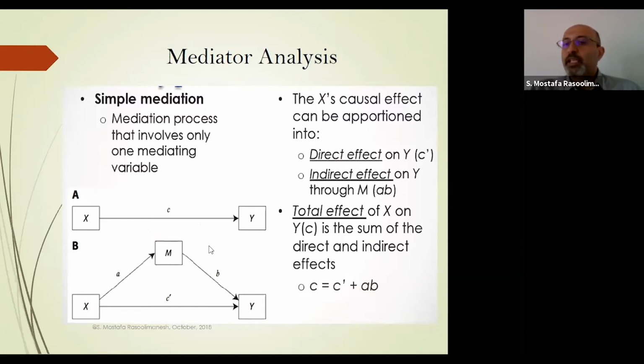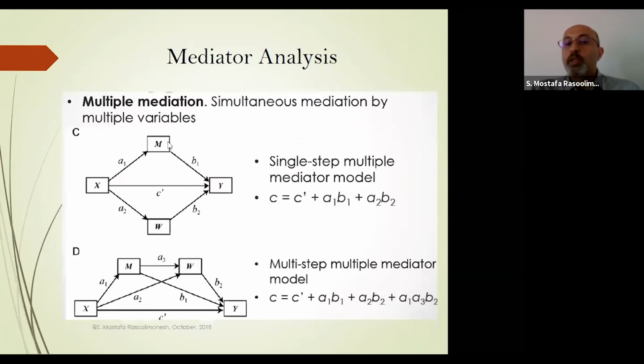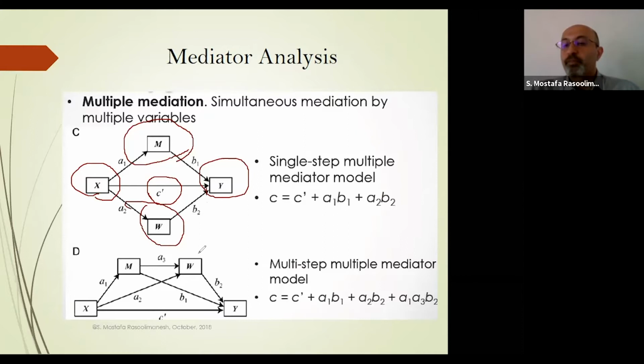This is a simple mediator, when we have only one mediator. Sometimes we have more than one mediator, so we have multiple mediation. For example, here we have two mediators, M and W. So the effect of X to Y is transferred through C prime, A1, B1 through M, A2, B2 through W. Or here we have a very complex mediation.